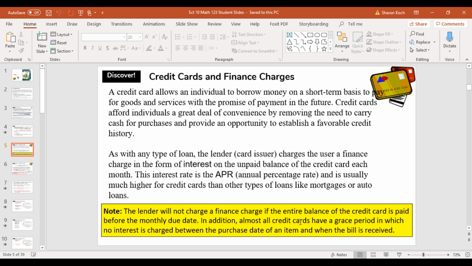Now, the one thing you want to keep in mind is anytime you're going to be getting that finance charge associated with you, the credit card companies do give you a grace window that you can pay this off with. So whatever the due date of your bill, and that's what I do to build my credit, I just pay the whole balance off because I don't charge a whole lot on it.